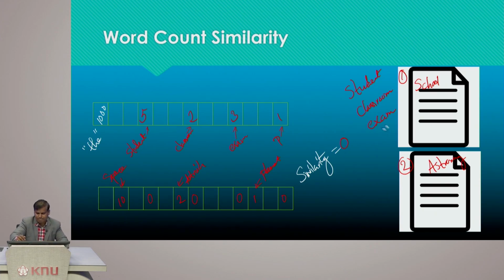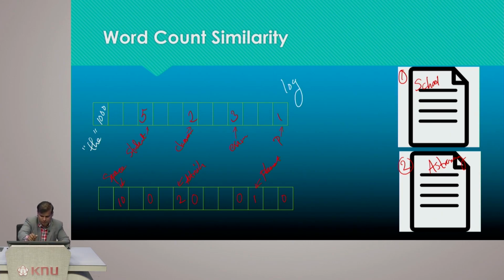Say we have this form: log of the number of documents divided by 1 plus the number of documents using the word.